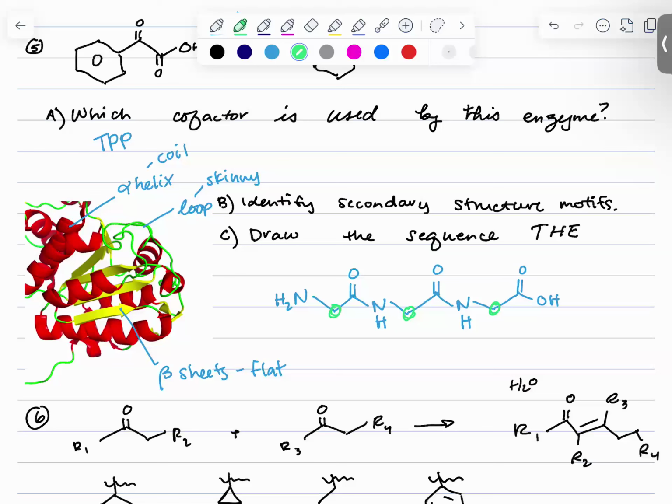So for T, which is threonine, this is our R group. And we get that from looking at the table. So threonine.